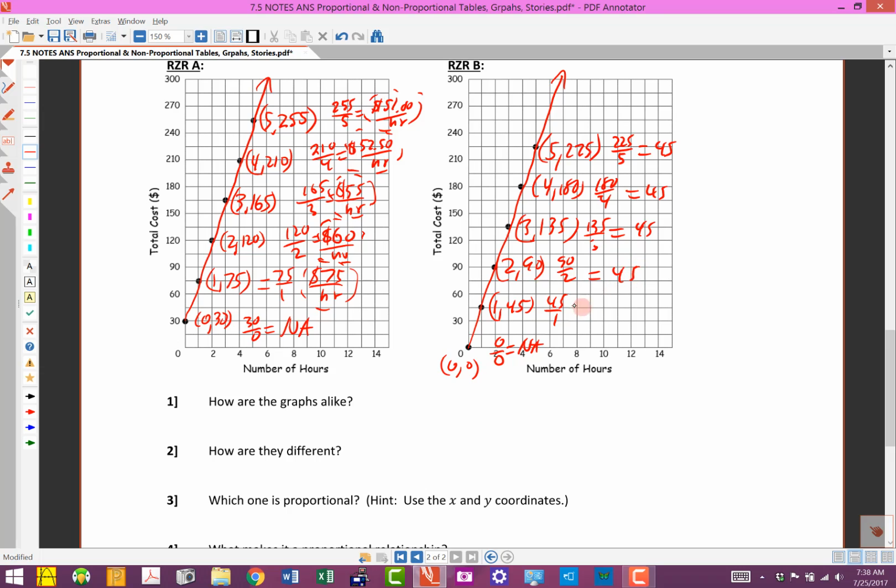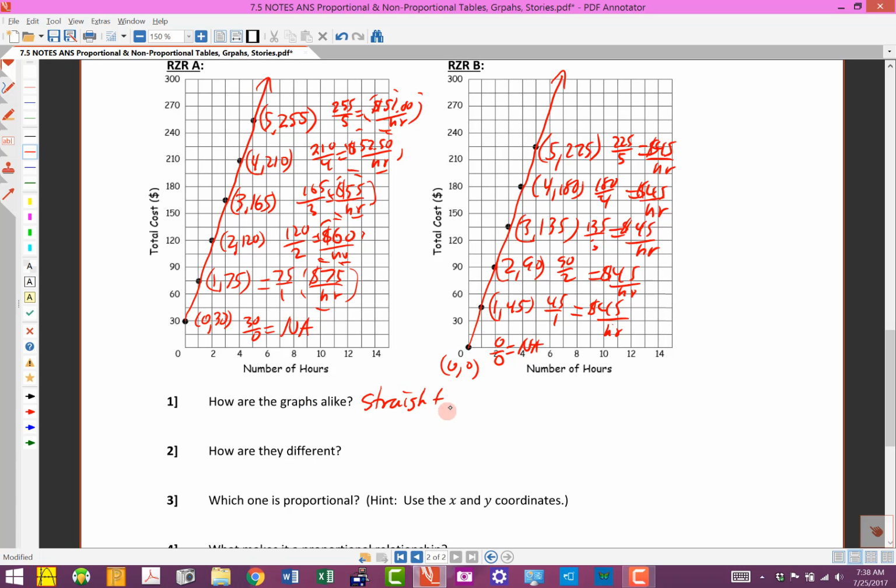And I'm hoping that everybody sees that this problem is exactly the same as the one on the other side. The only difference is these people are renting Razors, and on the other side they were renting jet skis, but the pricing structure is the same. Okay, so how are the graphs alike? Well, they're straight.